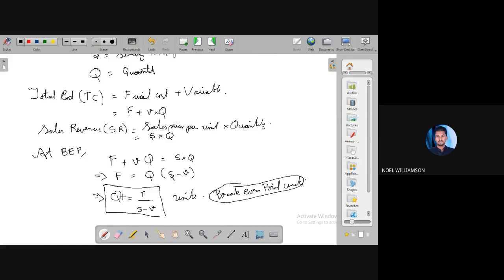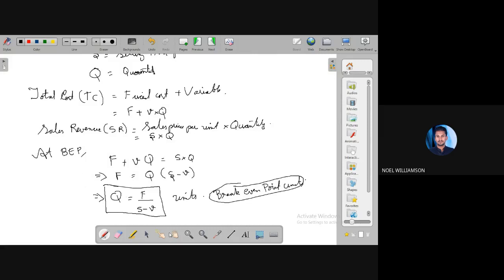So beyond this units, if we are producing, means we will get a profit, and below this point or below this amount, if we are producing, then we will get the loss. So this is how you can find the break-even point or the quantities to be produced.